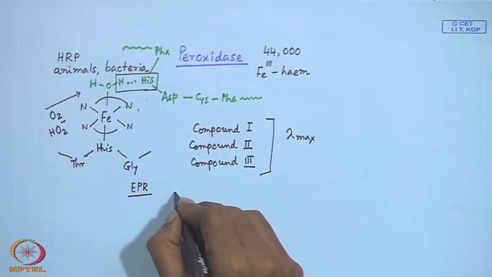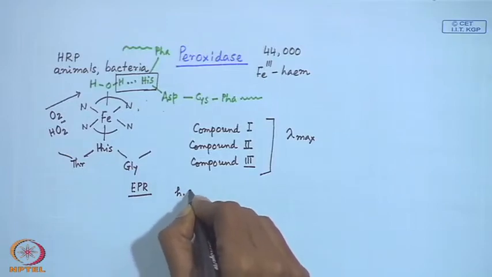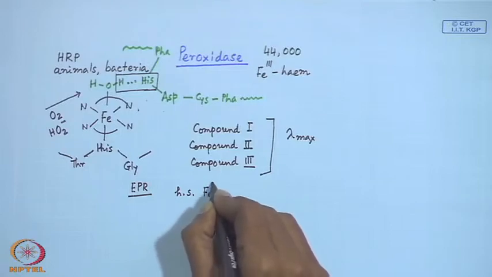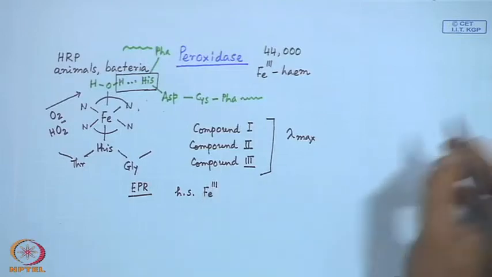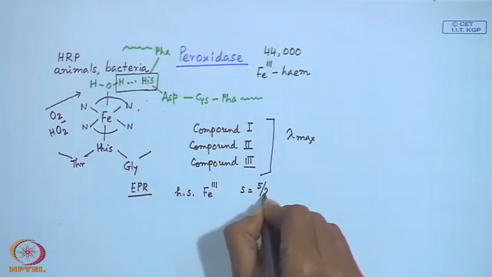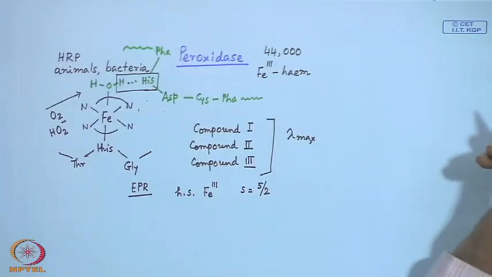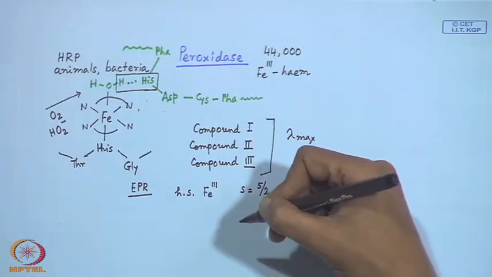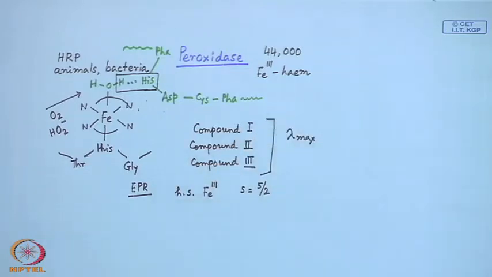And in this particular case, if we have a high spin iron 3, which is very much EPR active for its S equal to 5/2 value, immediately we see, since it is high spin, that there is some interaction.